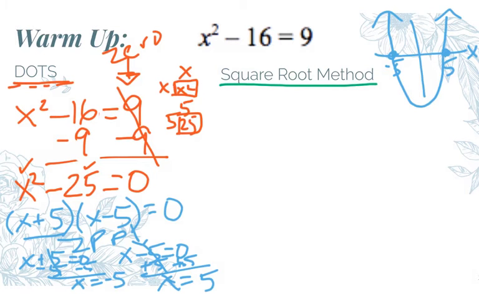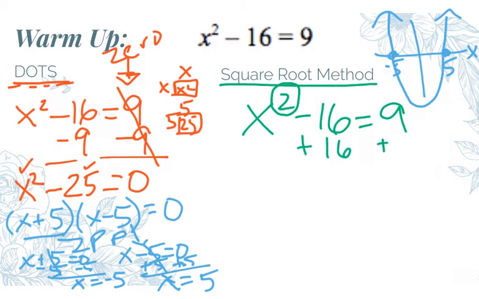All right, so I've got x squared minus 16 equals 9. In this one, I'm really focusing on the square term. So I want to move everything to the opposite side of the equals. So I'm just going to add 16 to both sides.